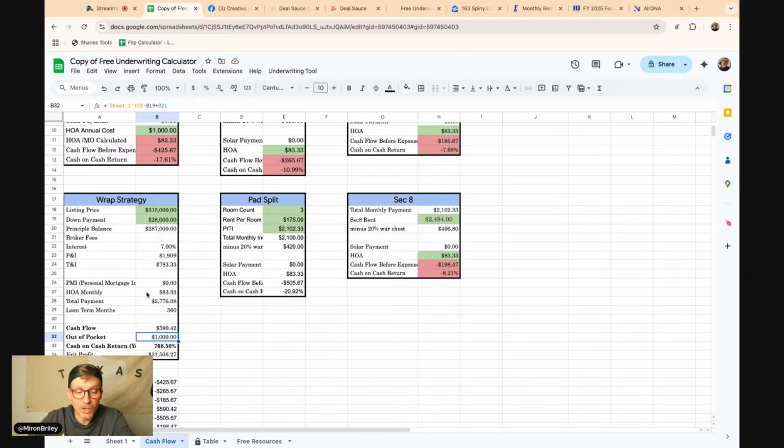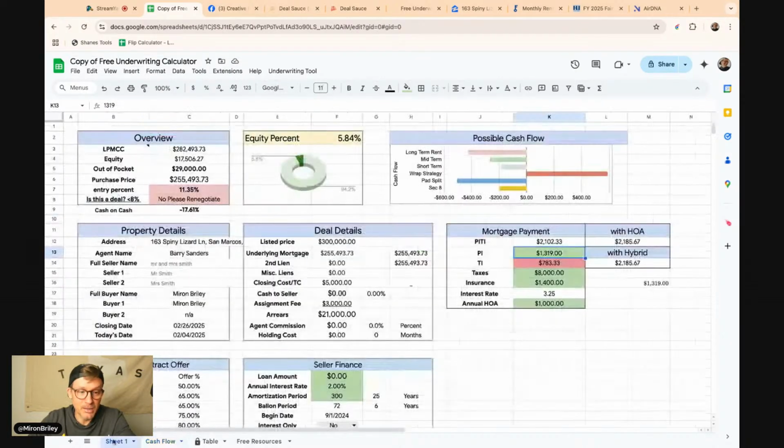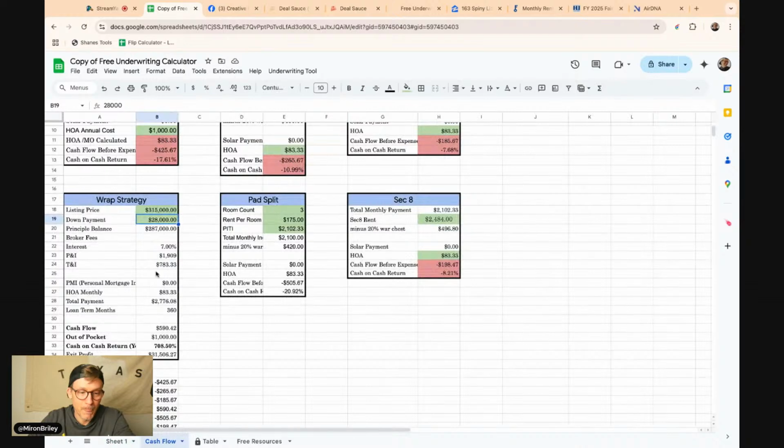We'll have $1,000 out of pocket because I'm offering them 29,000 down. So I'll pay this, I'll pay the closing. So it's about $29,000. And so I'll have $1,000 out of pocket, and I'll make 590.